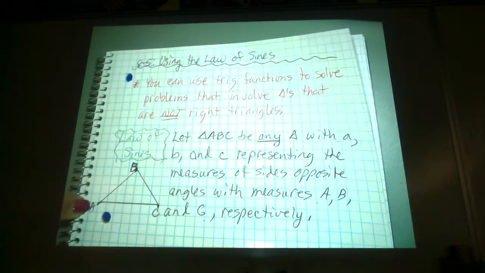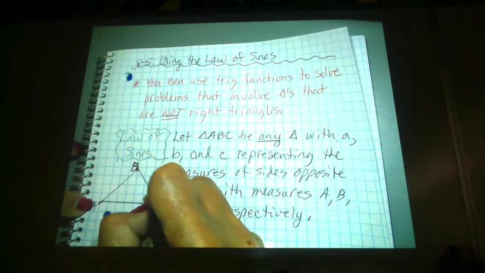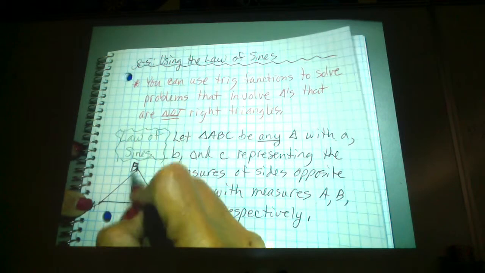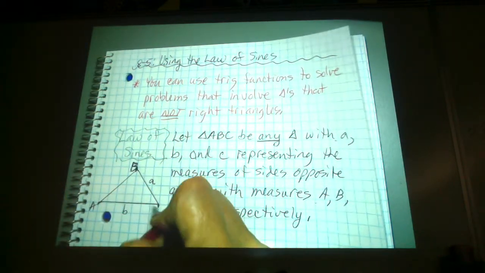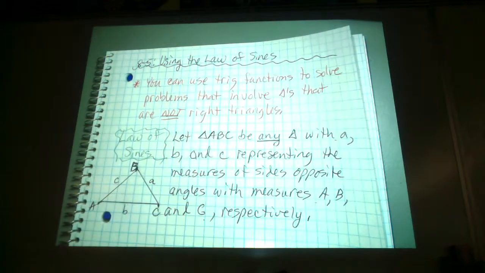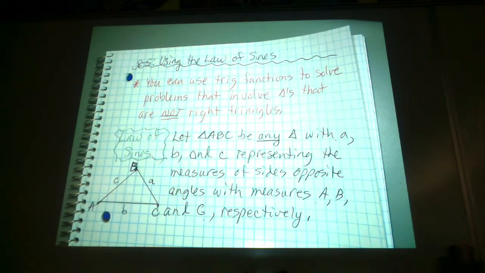So opposite angle A would be side A, which is little a. Opposite angle B would be side B, which is little b. Opposite angle C is side C, which is little c. Same A's, B's, and C's that we use on a right triangle with the Pythagorean theorem, but you cannot use the Pythagorean theorem with a non-right triangle.